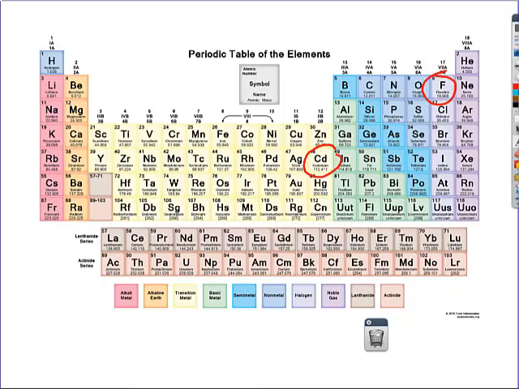It's always +2. Remember, zinc and cadmium are always +2. Everything else in the transition metals can be something different, but these two are always +2. So I don't need to put Roman numerals. Since I know it's +2, I'm just going to name it.